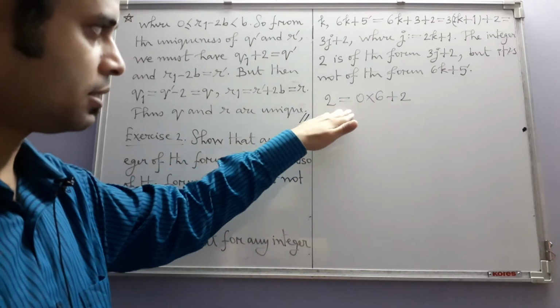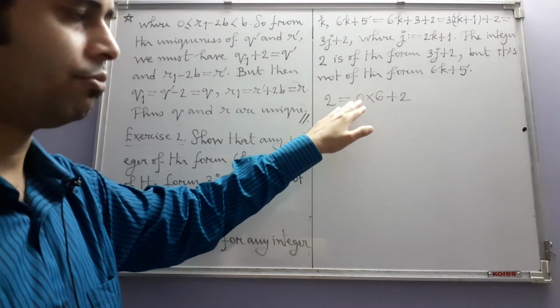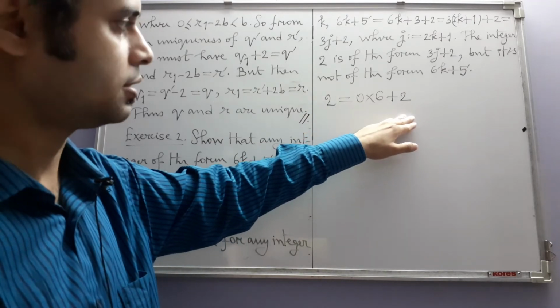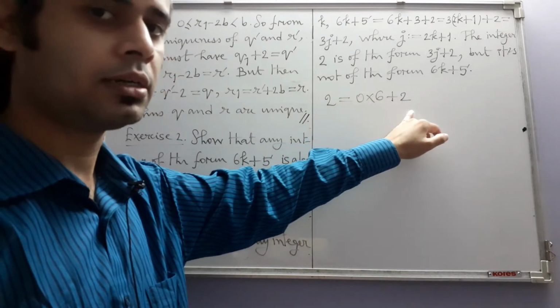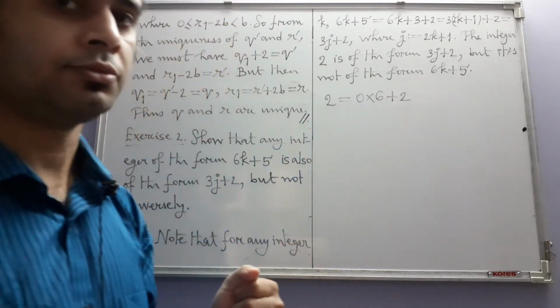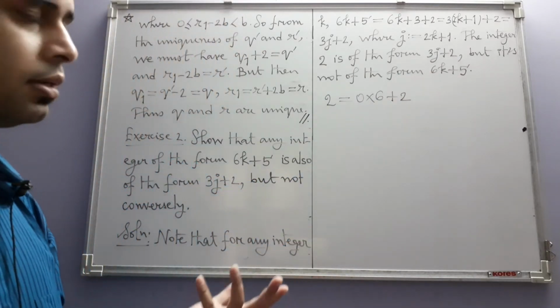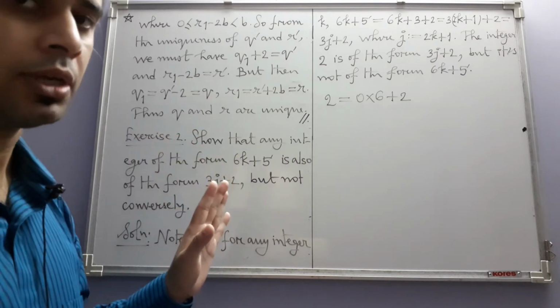This is true because it's a concrete equation where we don't have any variable, we have only constants, and we can see that when we divide 2 by 6, the remainder is 2. So simultaneously the remainder cannot also be 5. Uniqueness of the remainder in the division algorithm prevents that from happening.